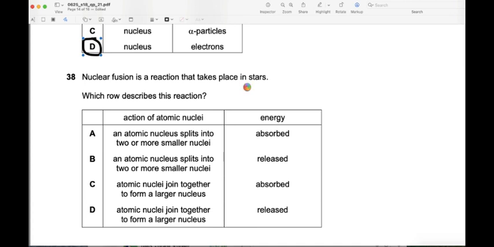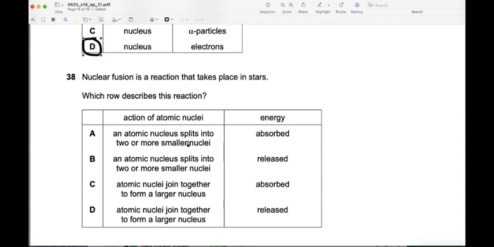Fusion is the joining together, while fission is splitting. Fusion is the joining together of two smaller nuclei to make a larger nucleus. Which will describe the reaction, the action of the atomic nuclei and the energy.